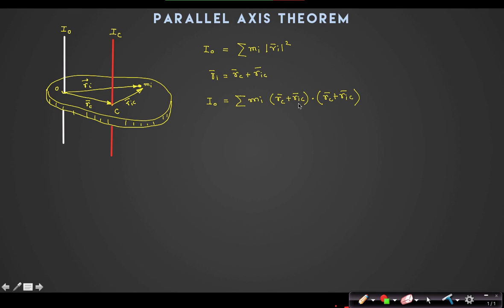Dot product of two same vectors is nothing but their magnitude square. Now I will expand these terms. So what is that first term?